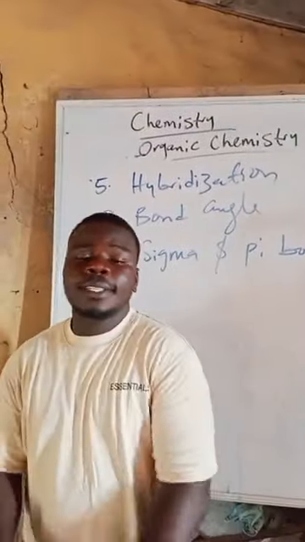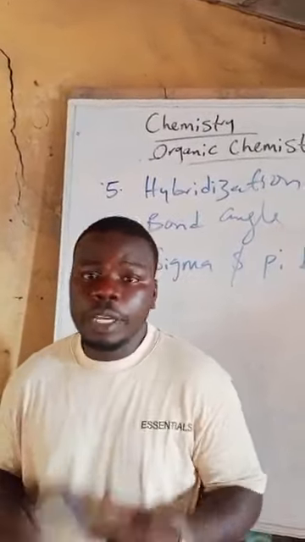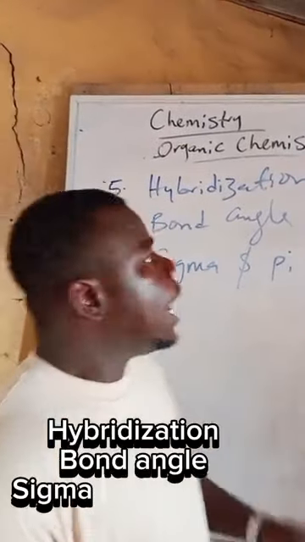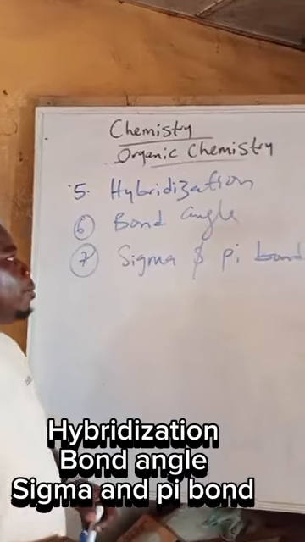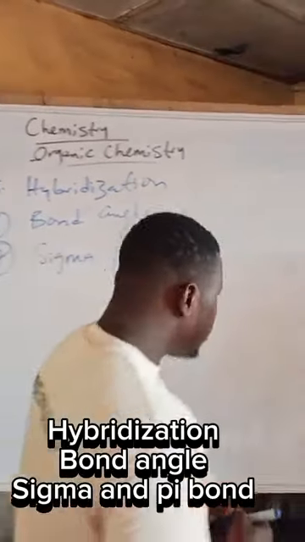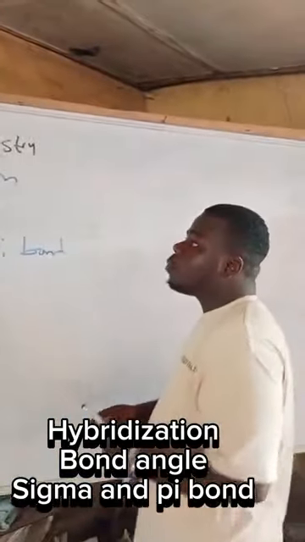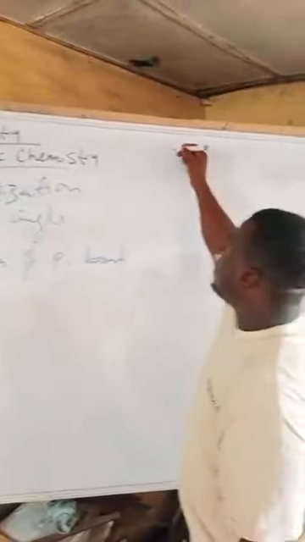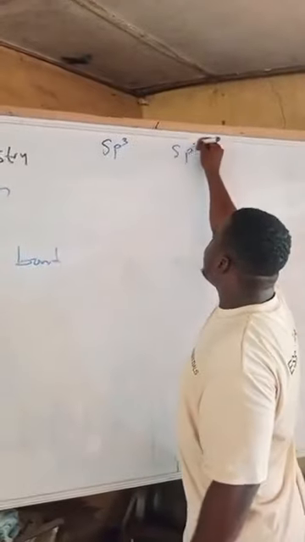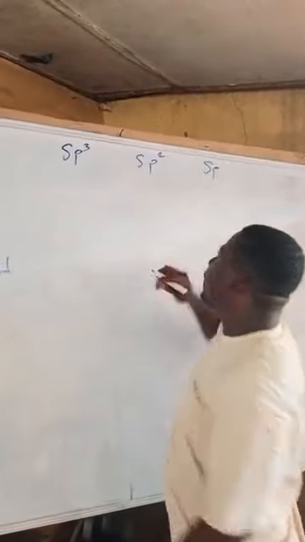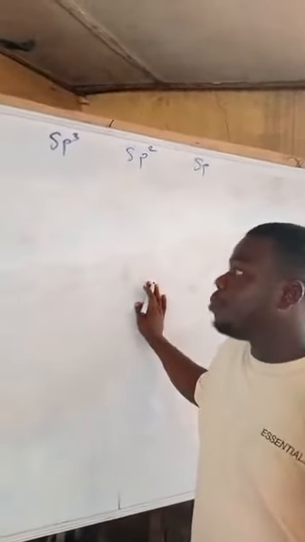Alright, so the last set of terminology I'll be giving to you is hybridization, bond angle, and sigma and pi bond. Now, in a nutshell, when we talk about hybridization, we are simply saying sp3, sp2, sp. I just want to go straight to the point.